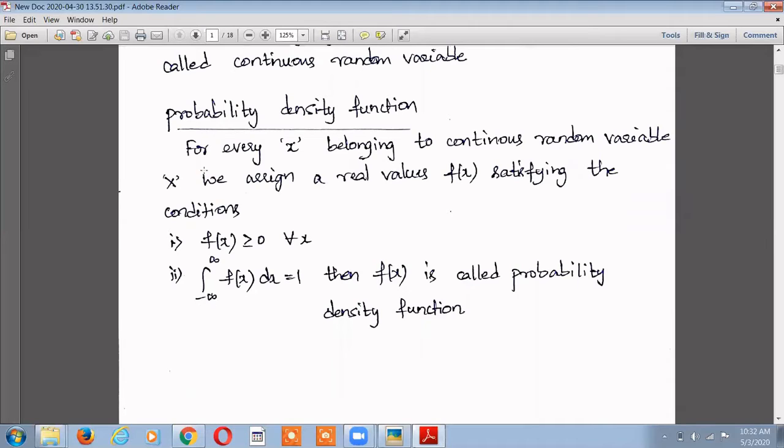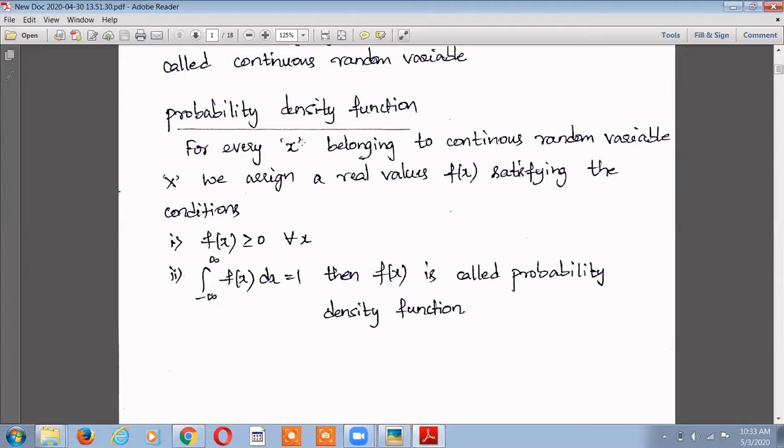The definition says: for every x belonging to a continuous random variable, we assign a real value f of x satisfying the condition f of x is greater than or equal to 0 for all x, and the integral from minus infinity to plus infinity of f of x dx is equal to 1. It means we have the experiment, and to that experiment we have the outcomes.